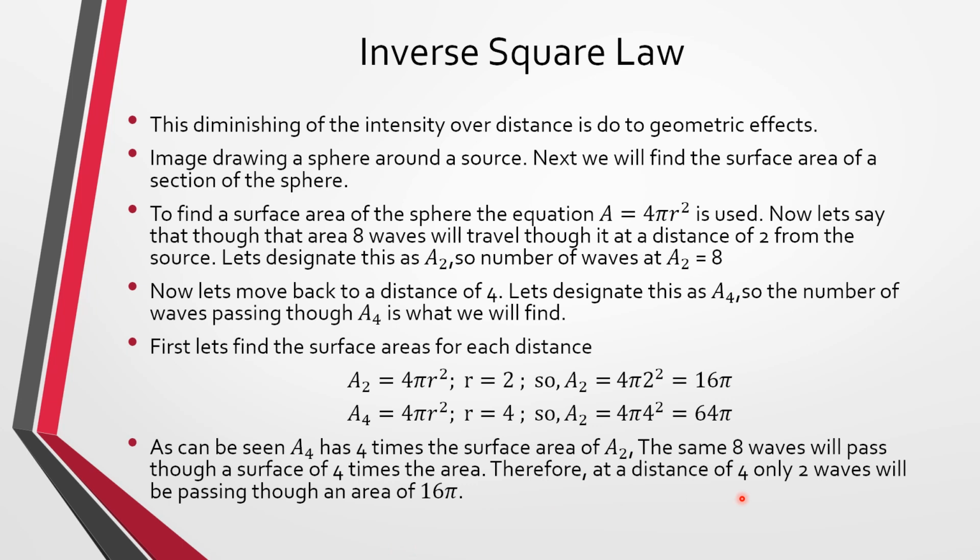So we went from 8 waves going through here, which could represent the intensity, how much is hitting the surface, and when we back up to twice the distance, there are only 2 waves hitting the same surface area. I think we can start to see how the inverse square law works.